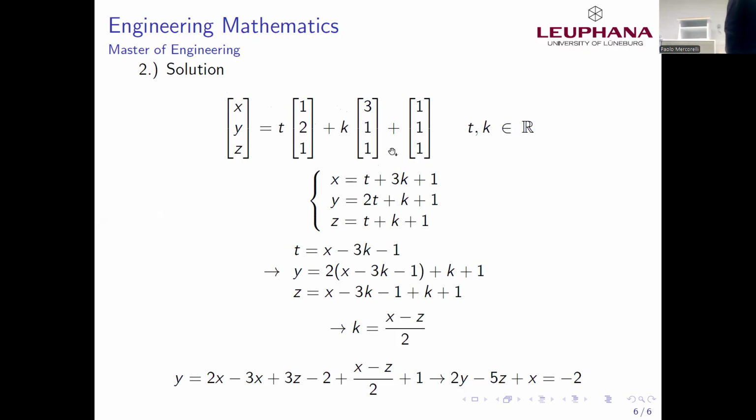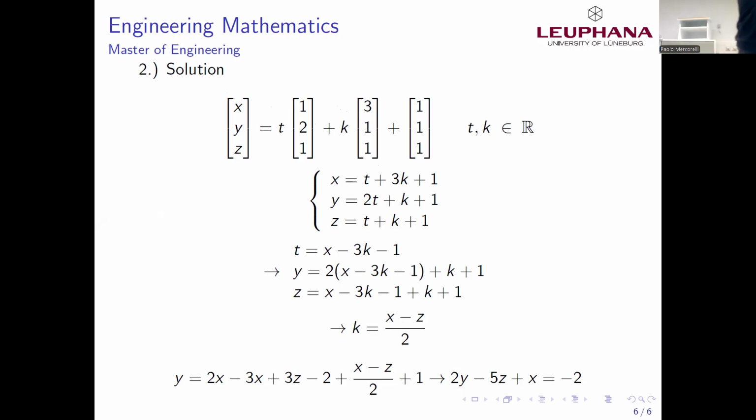But generating means, in this sense, that I have to multiply v1 and v2 by two different, independent parameters, t and k, which belong to R.